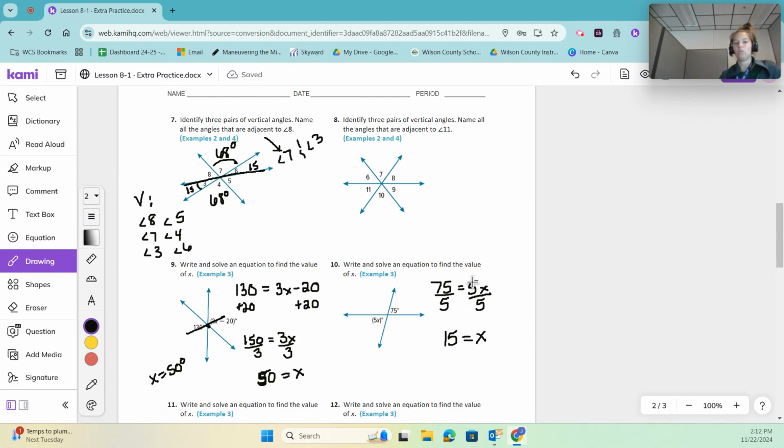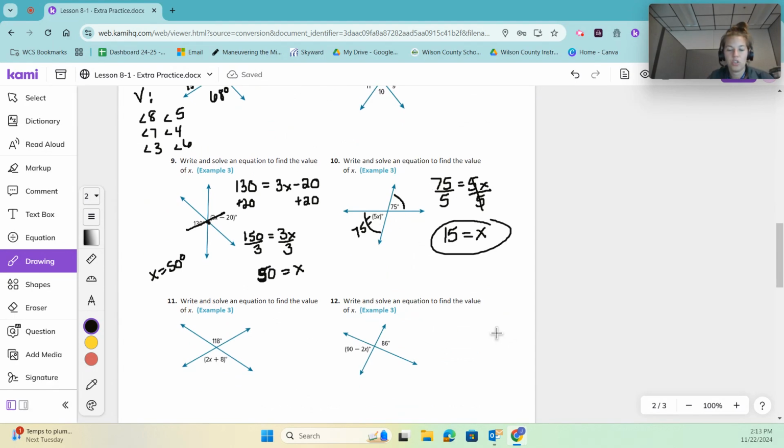So x equals 15 for this one. Remember, 5x is equal to 75, so this angle here is 75 degrees. It's just that x is 15. You can try those two on your own.